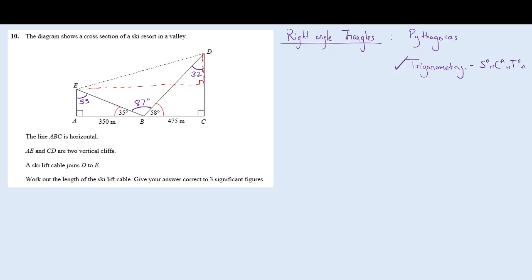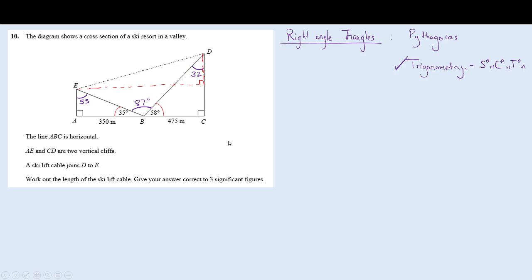So if I decided to work out E to B and B to D, like I was going to use the cosine rule, but didn't know that I needed to use the cosine rule, you will still get marks for those particular bits. But if you worked out A to E and D to C, and then worked out this bit up here, that would probably get you that little bit further in terms of working out our end goal, even if we don't know how to get there.